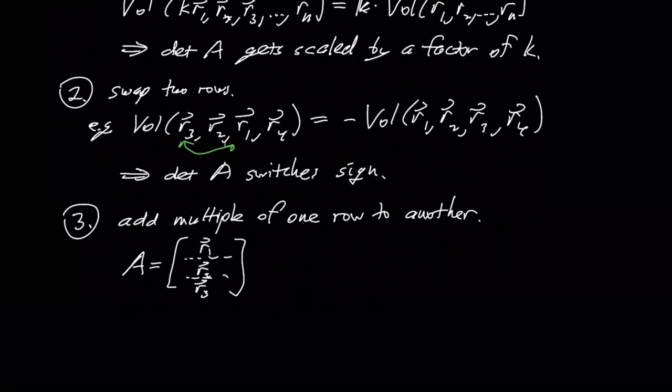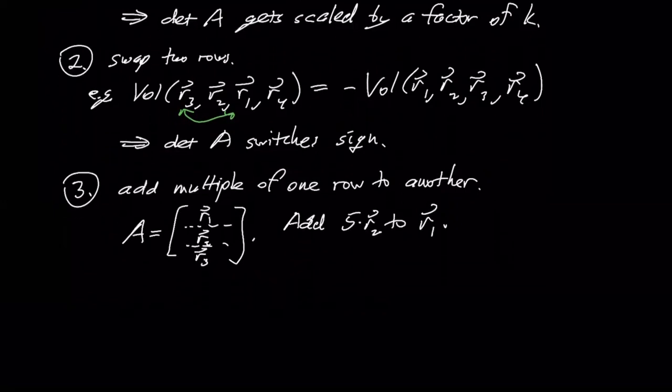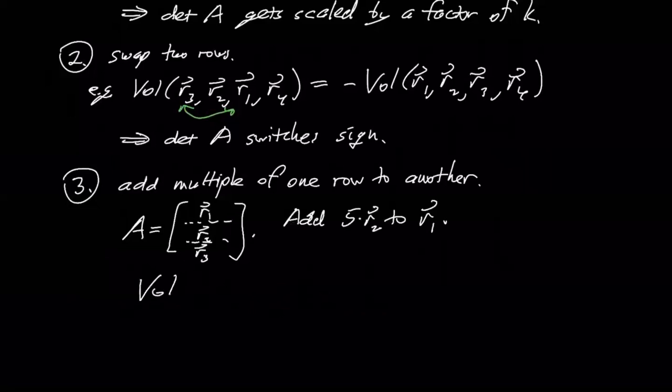And let's say we add 5 times row 2 to row 1. Then what we're looking at is the volume of R1 plus 5 R2, R2, R3, the volume formed by those.